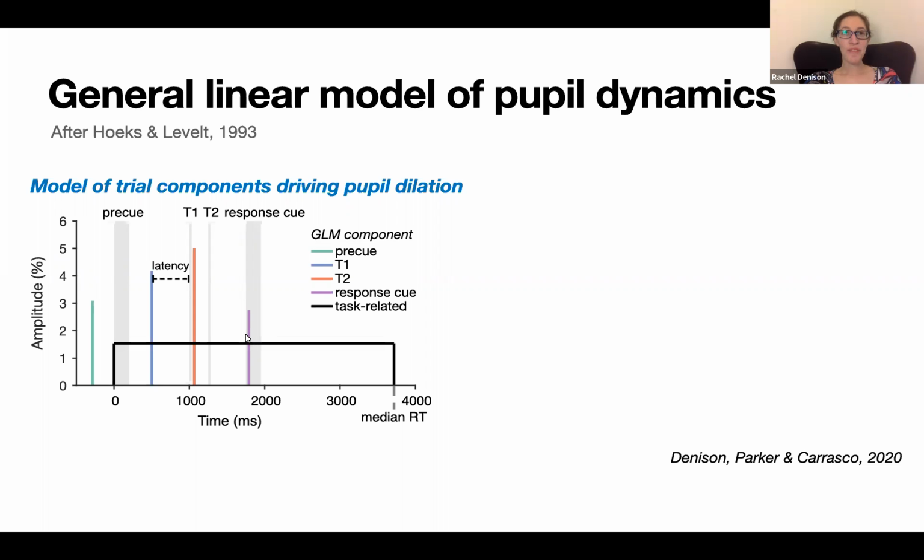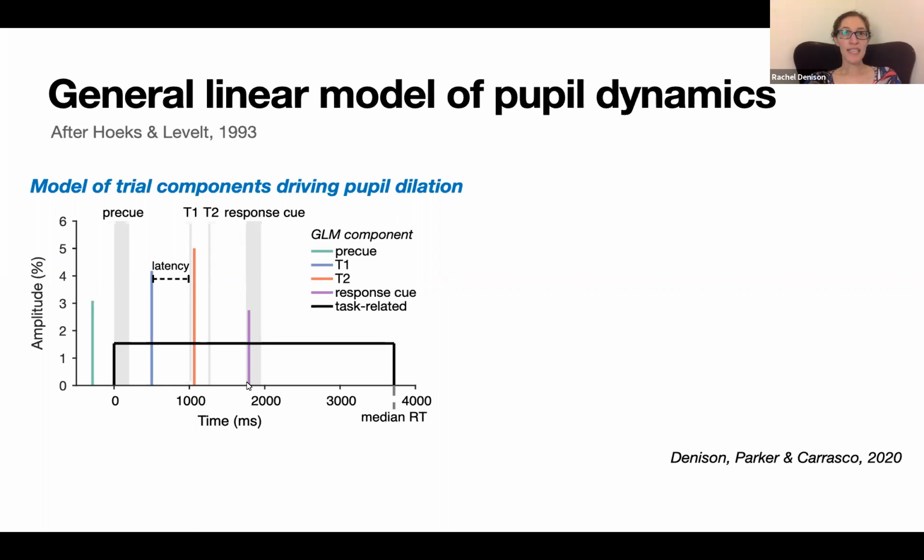So for example, this purple event here has a slight positive latency, which would express the idea that the neural event driving the pupil that is associated with this response cue happens around the same time as the response cue itself. Here we have a delta function that is occurring in anticipation of the corresponding event, T1.